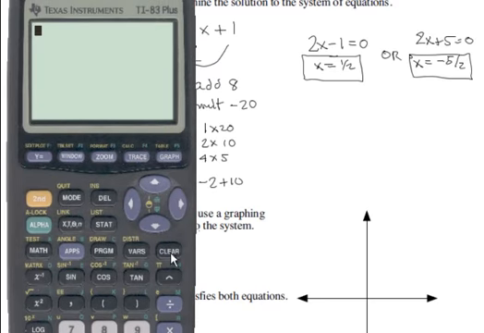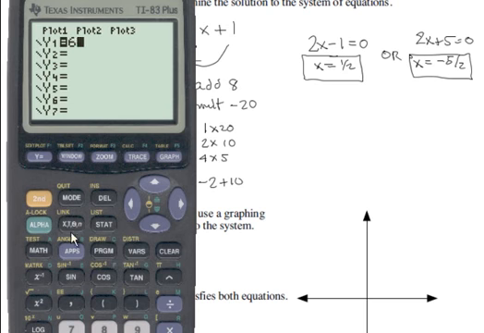So, we are graphing 6x squared plus 7x minus 4 as our first graph. And our second equation is 2x squared minus x plus 1.